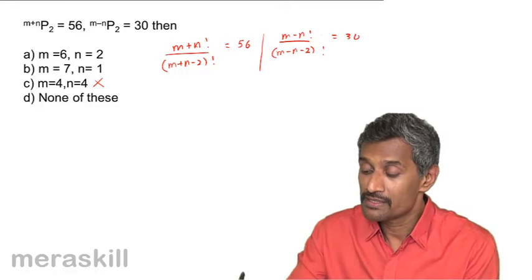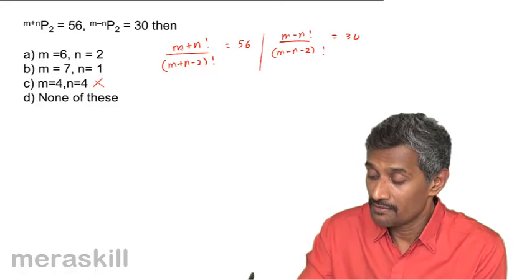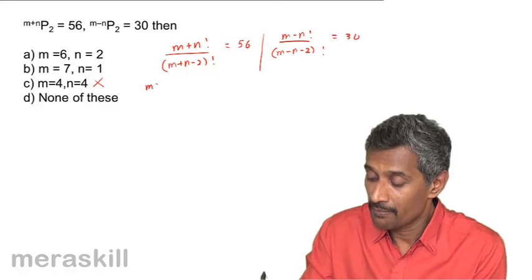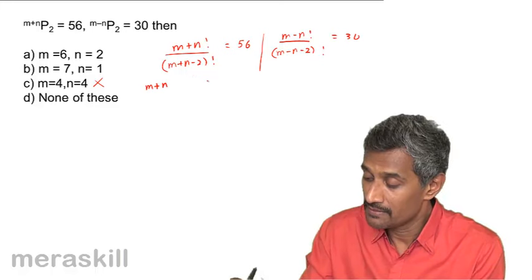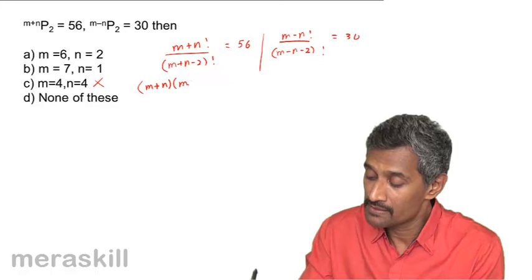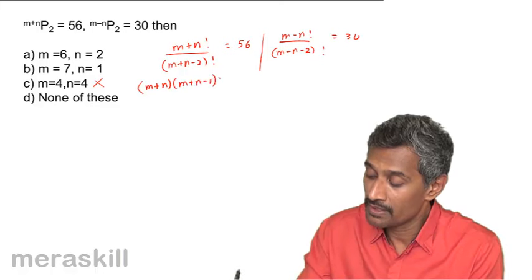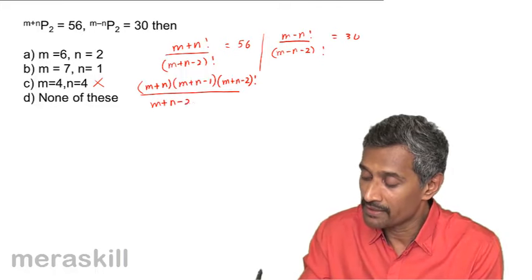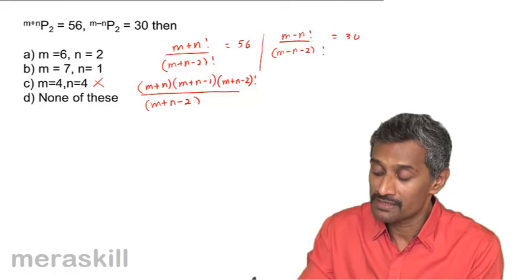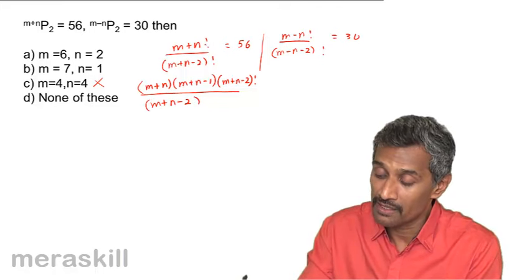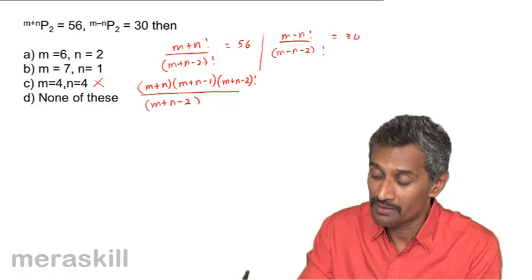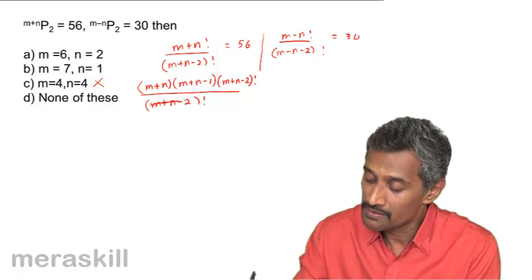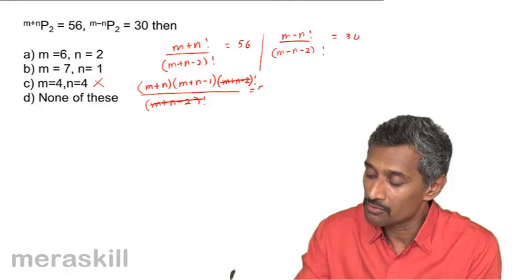Now we can write this as (m plus n) into (m plus n minus 1) into (m plus n minus 2) factorial upon (m plus n minus 2) factorial. If you see, m plus n is occurring, so you're reducing the bigger number by 1. M plus n is going to be bigger than this. So this part is getting cancelled, which will turn out to be 56.